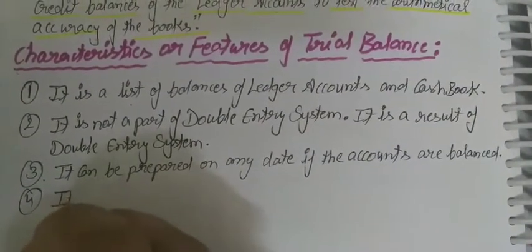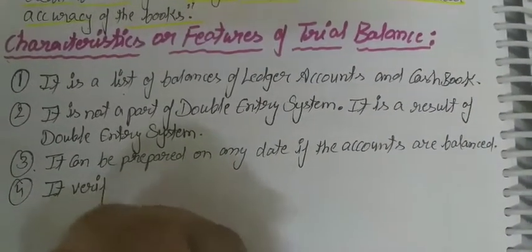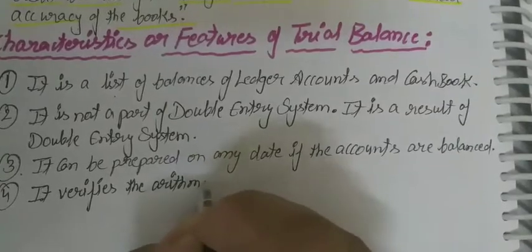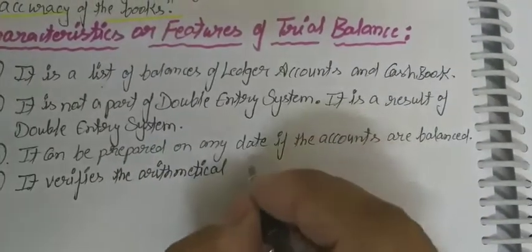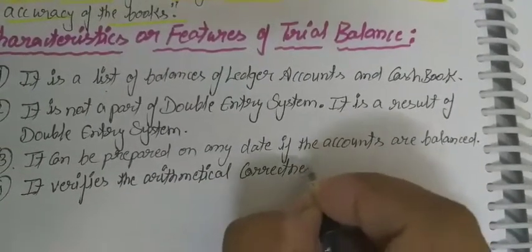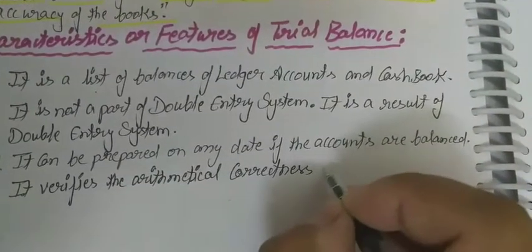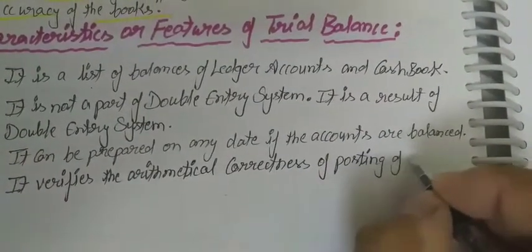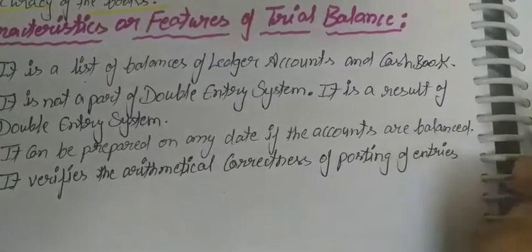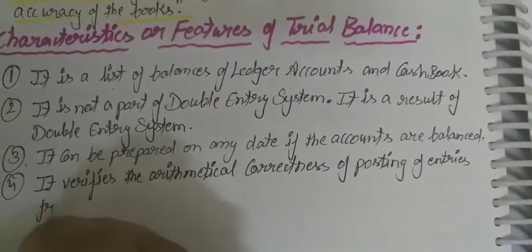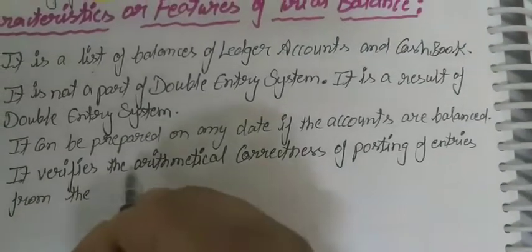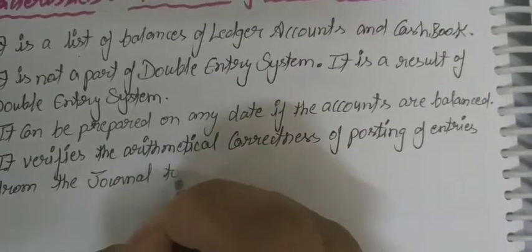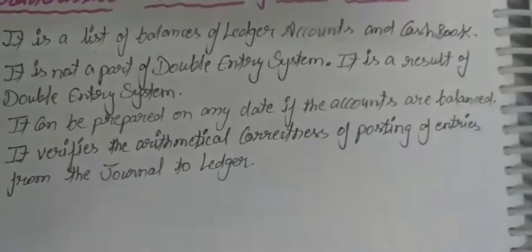According to the fourth feature, it verifies the arithmetical correctness of posting of entries from the journal to the ledger.